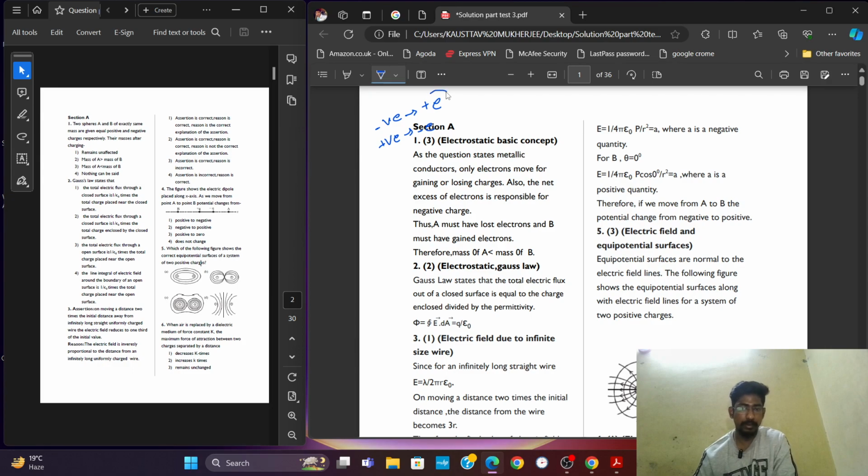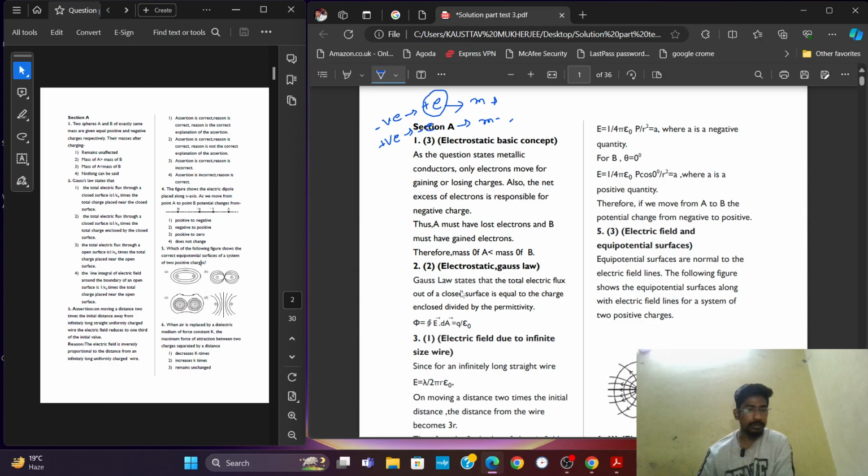As in the negative charge, some amount of electrons is gained by the sphere. So therefore, the mass of that object will increase. In this case, the mass of the object will decrease. So therefore, I think the mass of A is lesser than the mass of B, because the object A is positively charged.